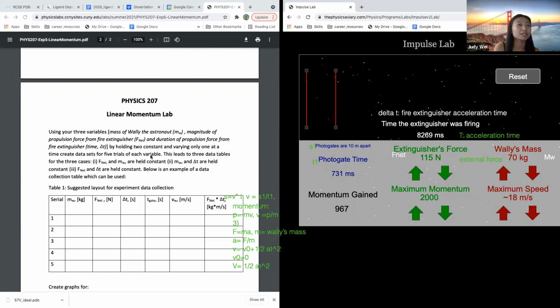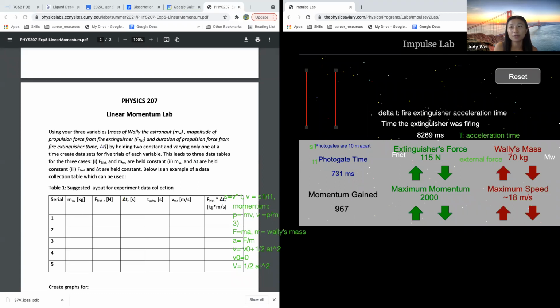So you have 5 trials of each variable, which leads to 3 data tables for 3 cases. For the first one, you hold the extinguisher's force constant and Wally's mass constant, and you keep changing the duration of the time.